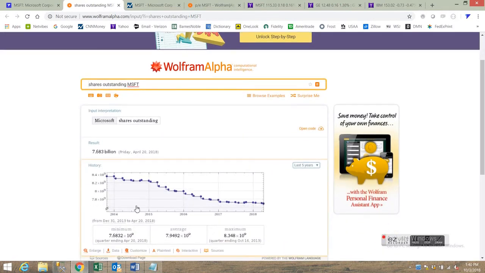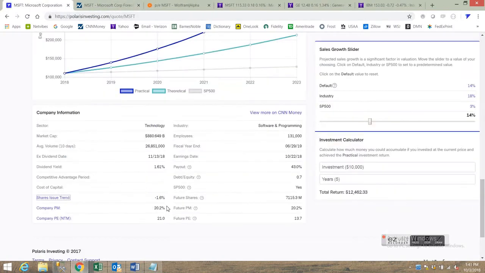It's kind of hard to read with the way the legends of the graph are laid out, but you can see that the trend is generally down. I don't think it's worthwhile to change much because even if you change that to a repurchase of 3%, it's just not going to move the valuation much. So this is not a parameter worth doing much with for Microsoft.